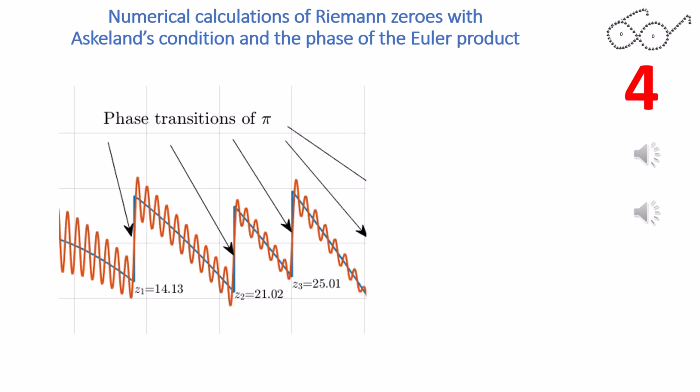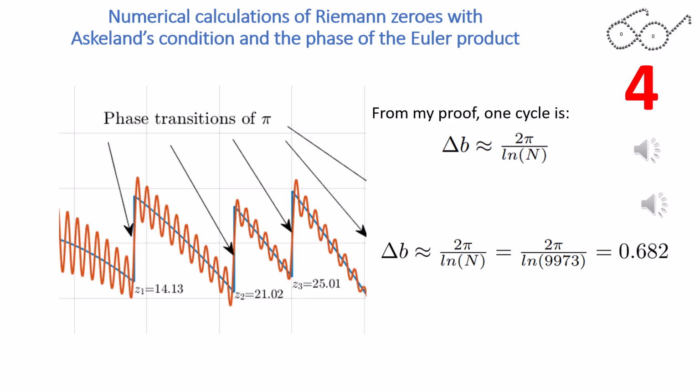Let's go back to the Euler phase diagram. As you see, there are some oscillations between Riemann zero 1 at 14 and zero 2 at 21. In this figure, n equals 9,973. According to my proof, delta b for one oscillation should then be 2 pi divided by the natural logarithm of 9,973, which is 0.68.